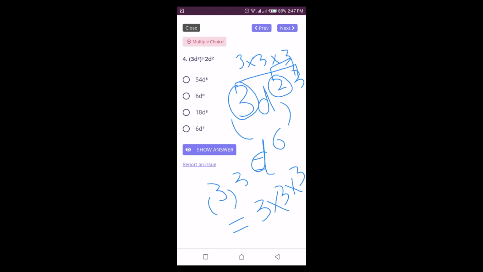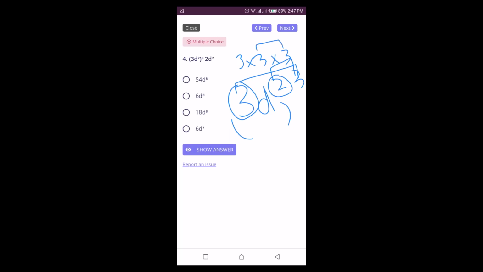Is the answer 18d raised to the power of 8? I hope the answer should be 18d raised to the power 8, but let's solve. So it's 27, because 3 3s are 9 and 9 3s are 27.